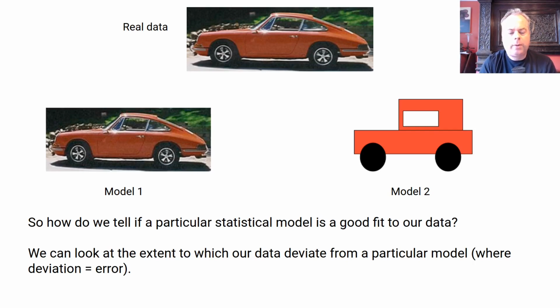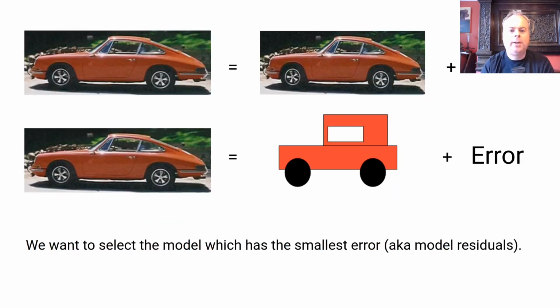We can look at the extent to which our data deviate from a particular model. We can compare the real data to our model and work out the difference between the two, where that deviation we can refer to as the error or residual error.